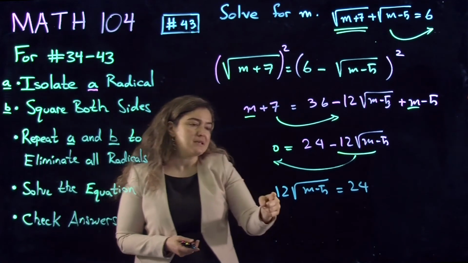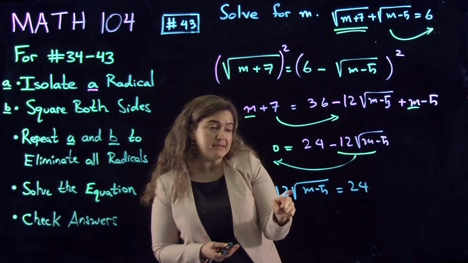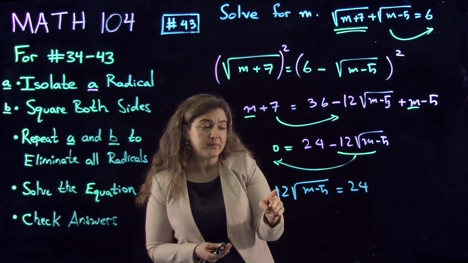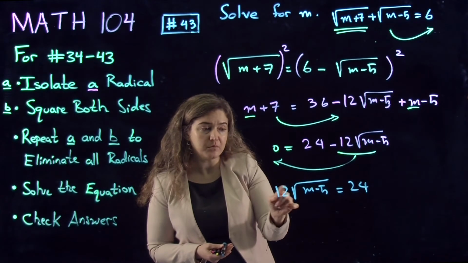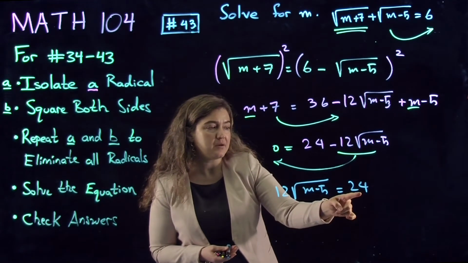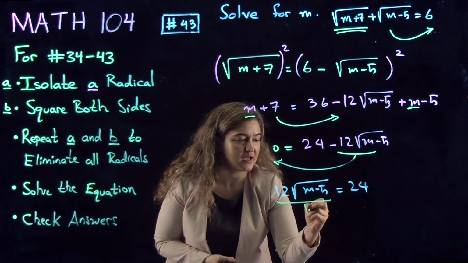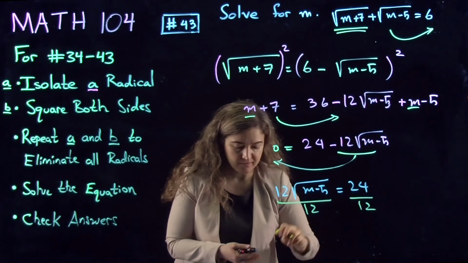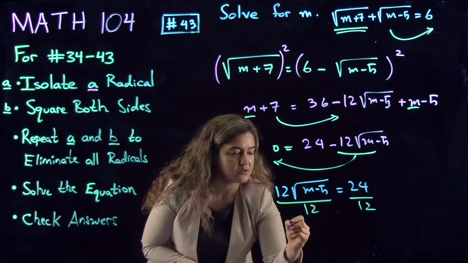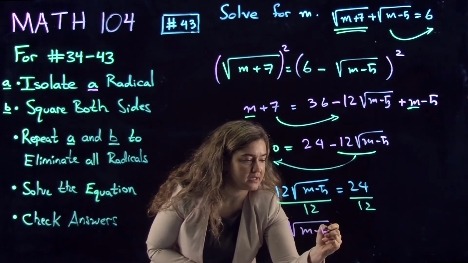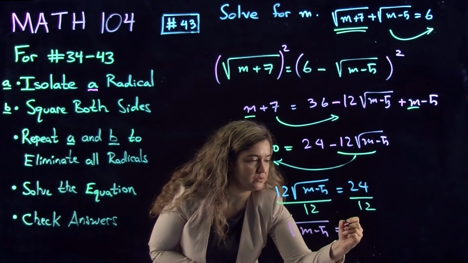What I notice is that this radical has 12 multiplied by it, and that one is divisible by 12. So I'm dividing both sides by 12 to get square root of m minus 5 is equal to 2.